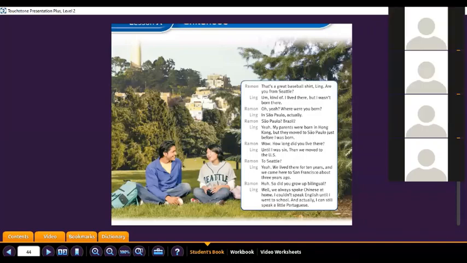That is a great baseball shirt. Ling, are you from Seattle? Kind of. I live there, but I wasn't born there. Oh yeah, where were you born? In Sao Paulo, Brazil, actually.